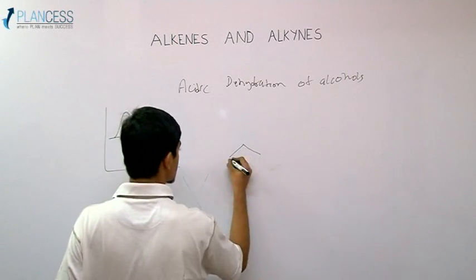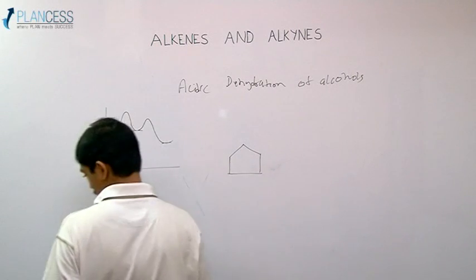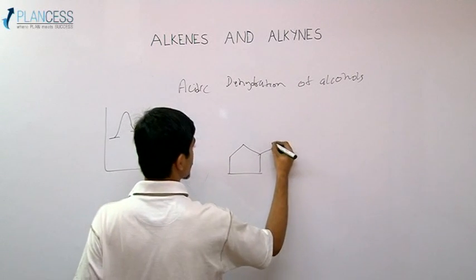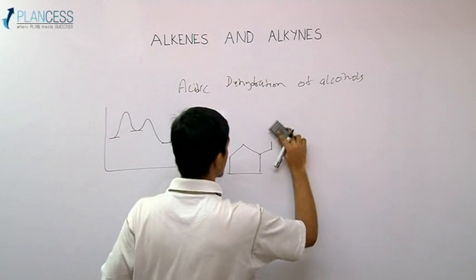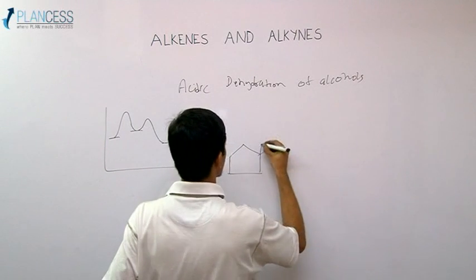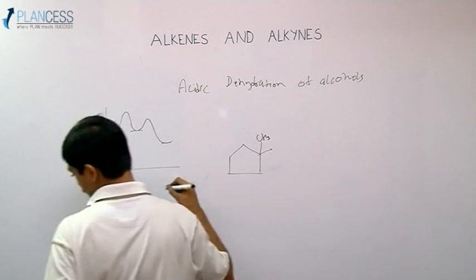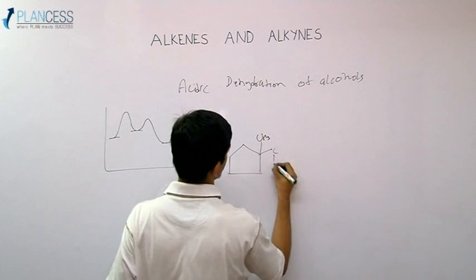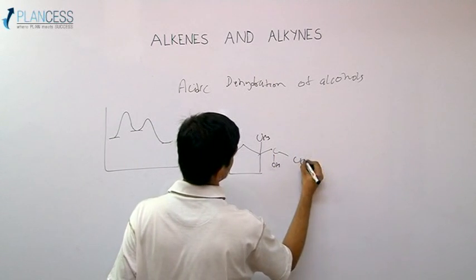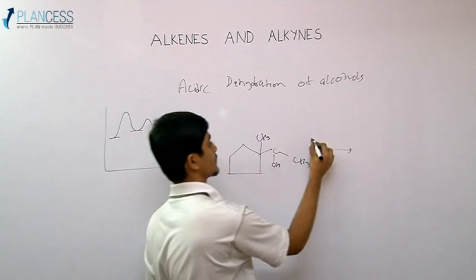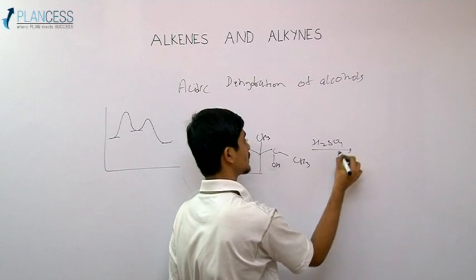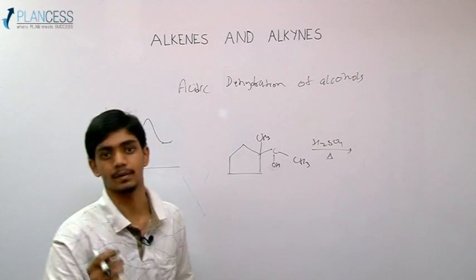The reactant is a 5 carbon ring, and sorry, this CH3 is not here. We have got a CH3 here and we have got an OH over here and CH3 over here. Now if this is subjected to H2SO4 and heat, what do you think will happen?